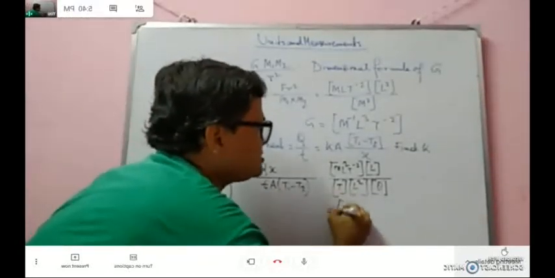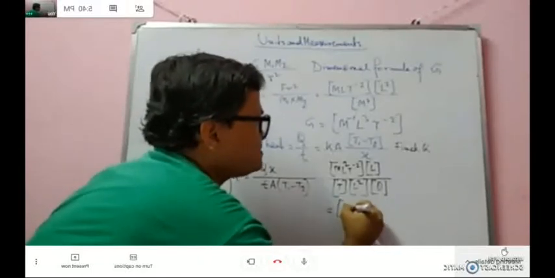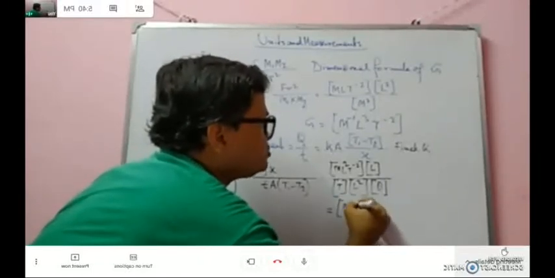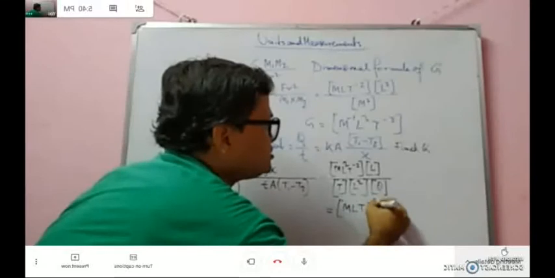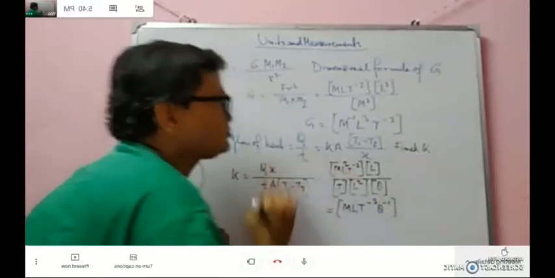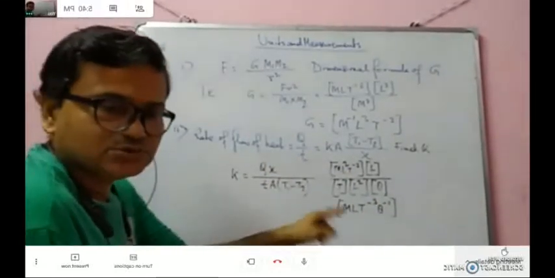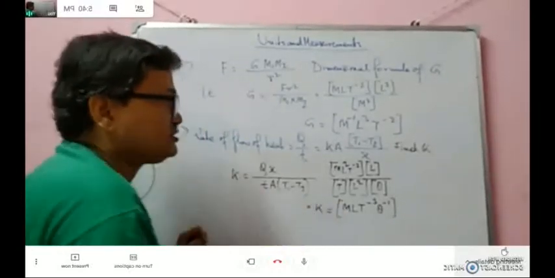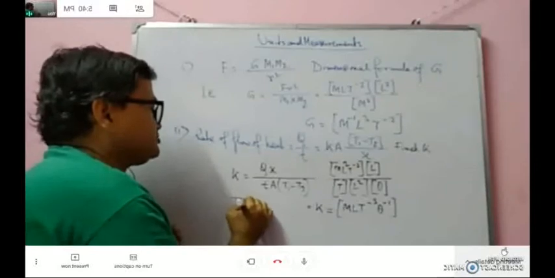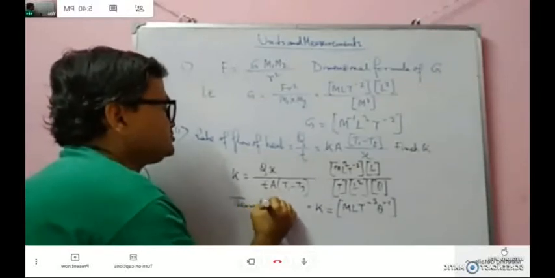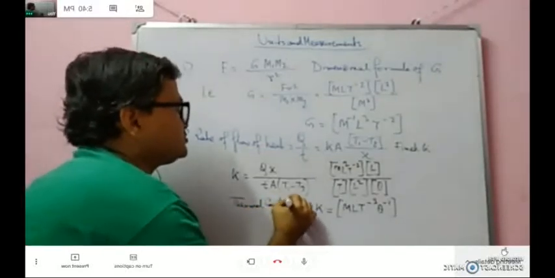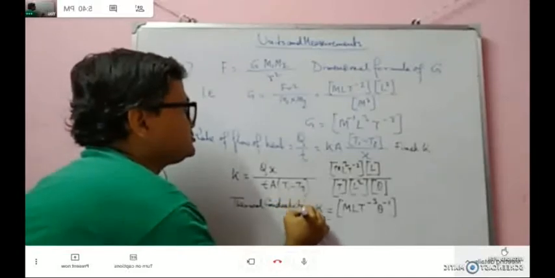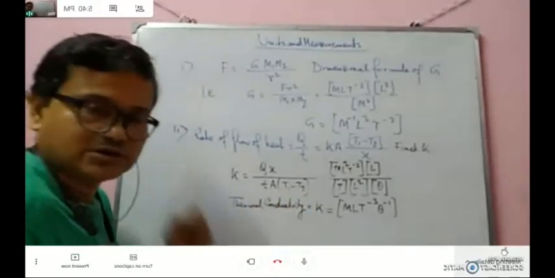We are getting M L T to the power minus 3 theta to the power minus 1. Correct? So this is the dimensional formula of K. And what is K? Thermal conductivity. This is the thermal conductivity.